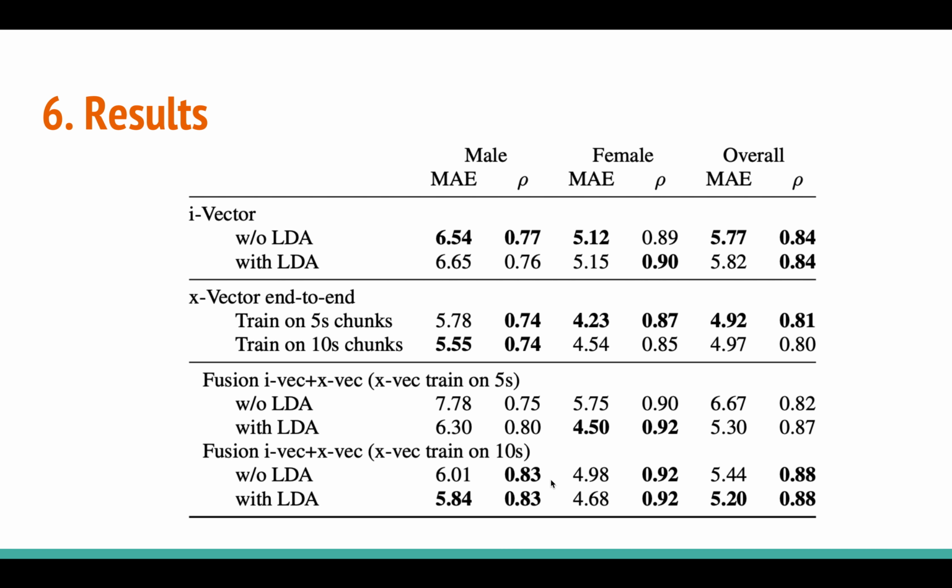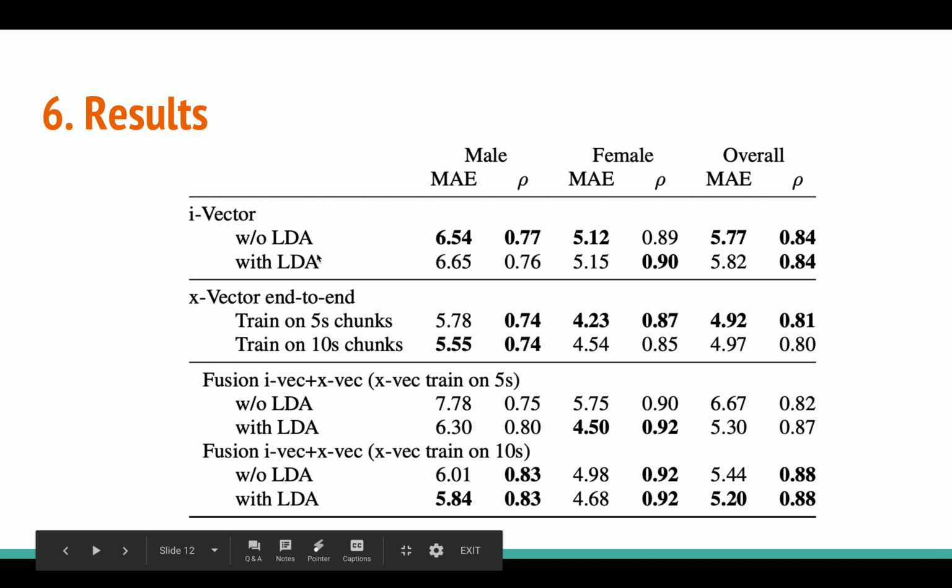And at the end, they show the difference between the iVector system and the xvector system, and what happens if they combine both iVector and xvector together. They show some results here. They have the iVector without LDA and with LDA.